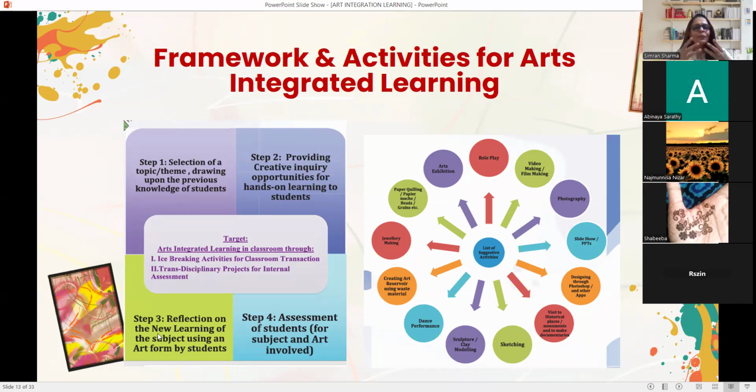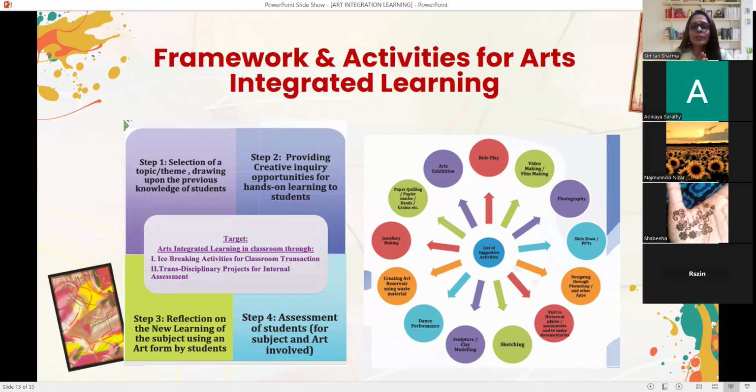When they complete the activity, they have to reflect upon it, whether the learning was done or whether the curriculum goals were covered or not, and whether they have incorporated the art form or not. And the fourth is our role, assessment of students for subject and art involvement. How do we do it?